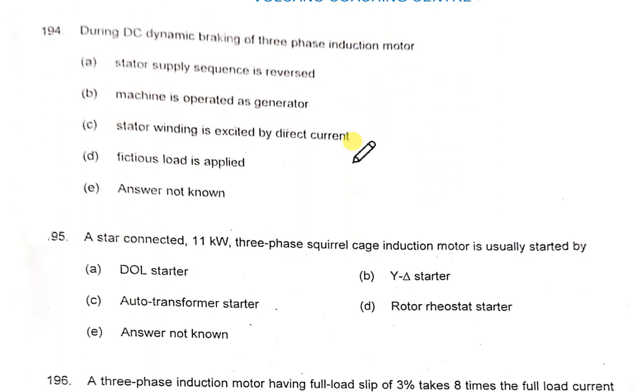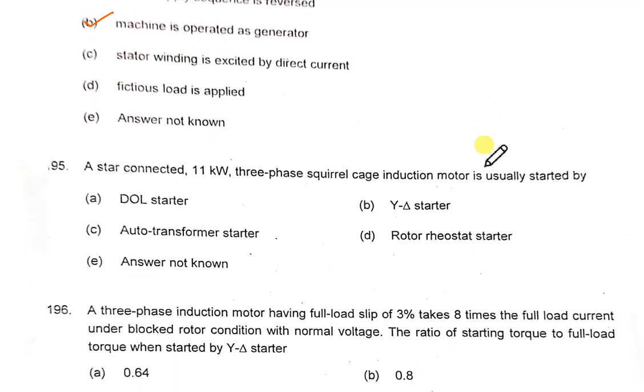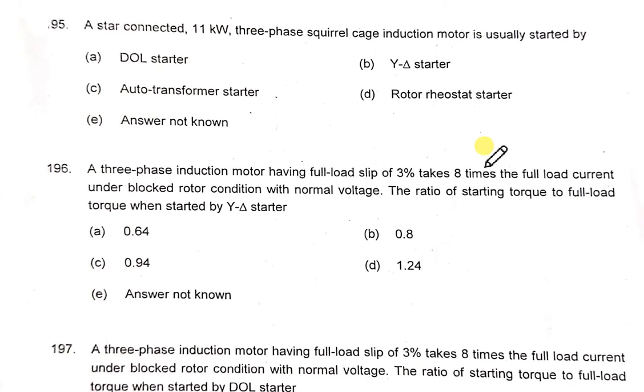During DC dynamic braking of a three-phase induction motor, the machine is operated as a generator. A star connected 11 kilowatt three-phase squirrel cage induction motor is usually started by star delta starter.